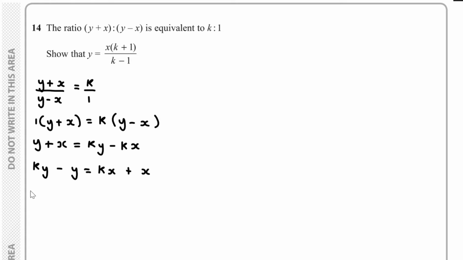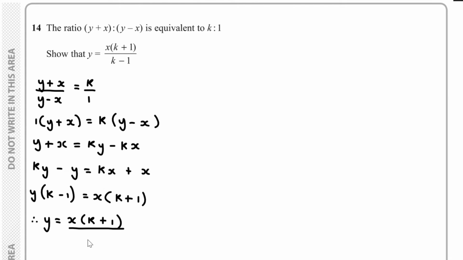And if we factorize, on the left hand side we've got y lots of k minus 1, and on the right hand side we've got x lots of k plus 1. And if we divide through by k minus 1, we can conclude y is equal to x lots of k plus 1 over k minus 1. And that's exactly what we wanted to show.